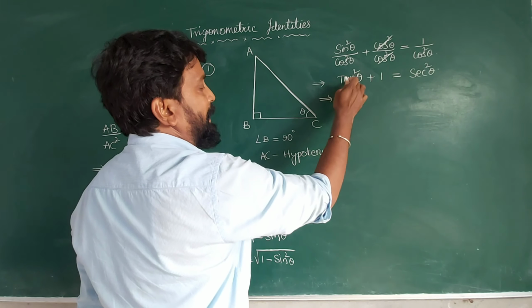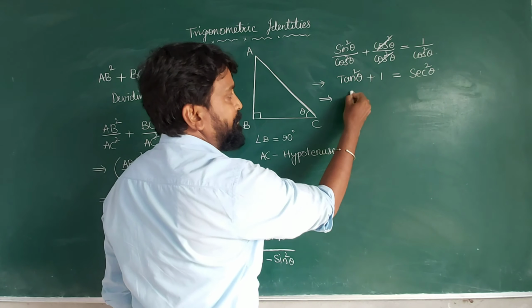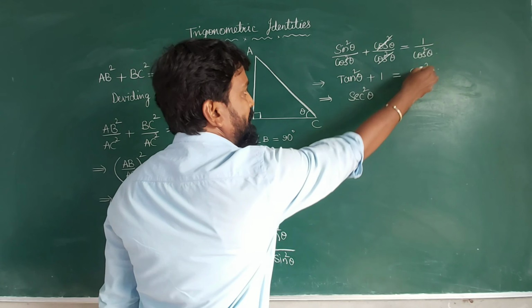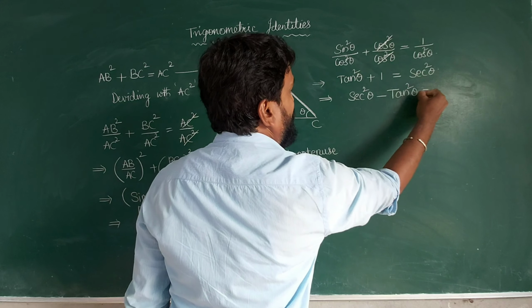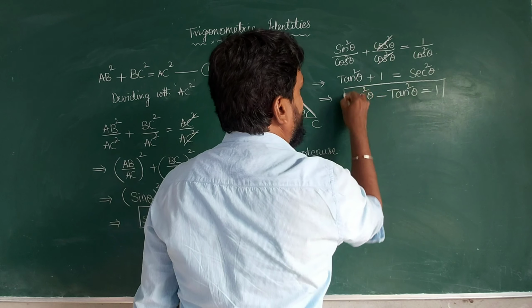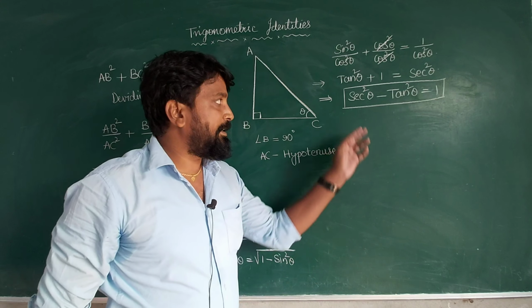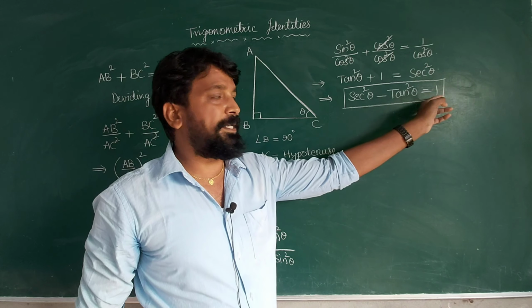Now transpose tan square theta to the right side. You can write here only sec square theta. It becomes sec square theta minus tan square theta is equal to 1. So this is the second trigonometric identity, that is sec square theta minus tan square theta is equal to 1.